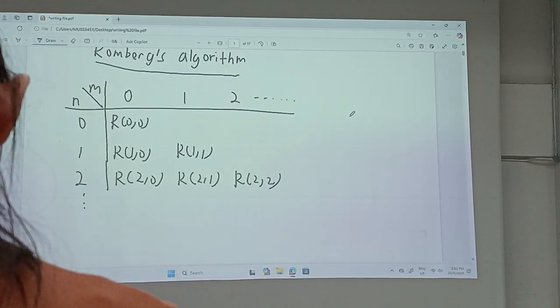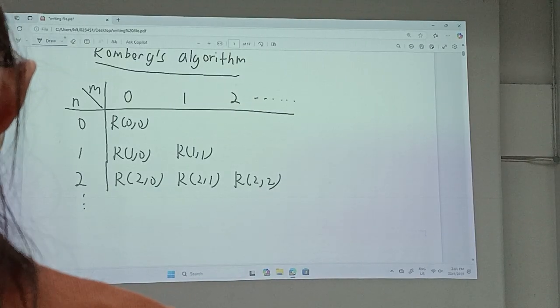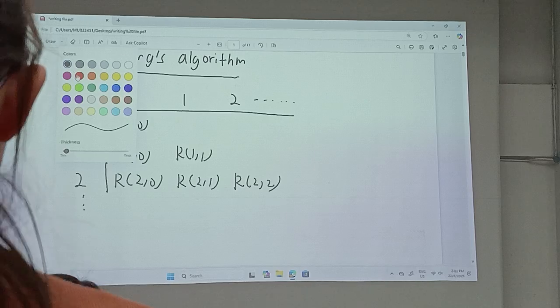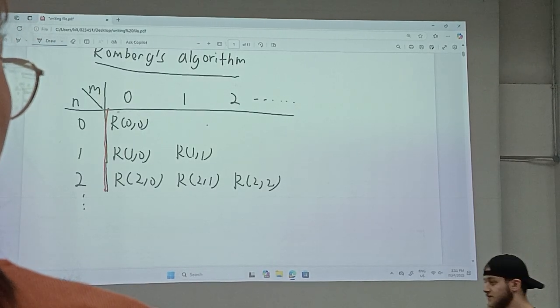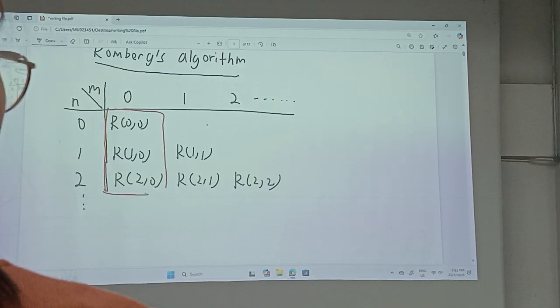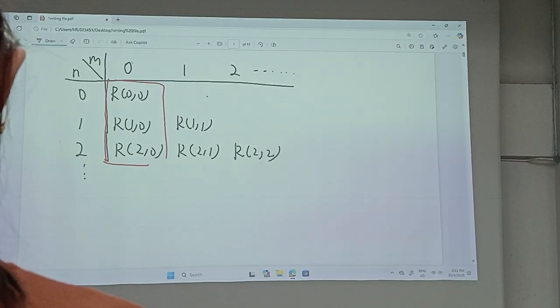So first, let's see how to get the first column, right? For the first column, m equal to 0, right?